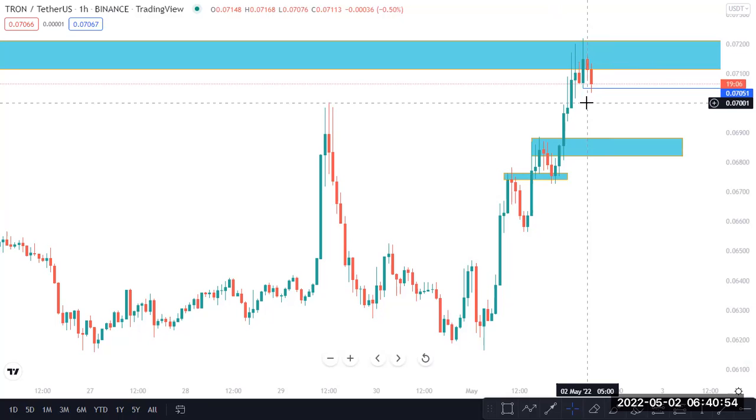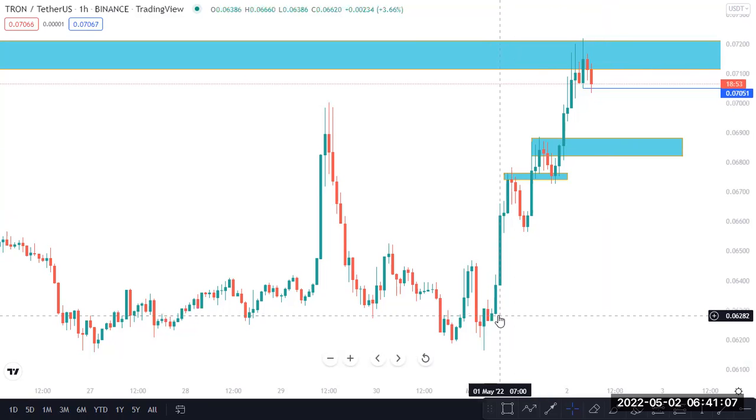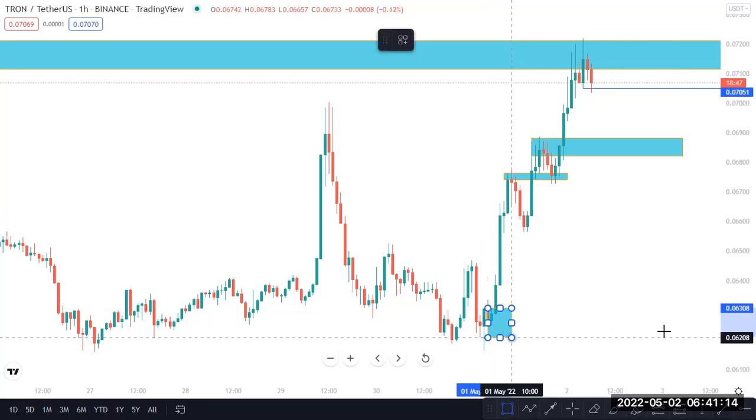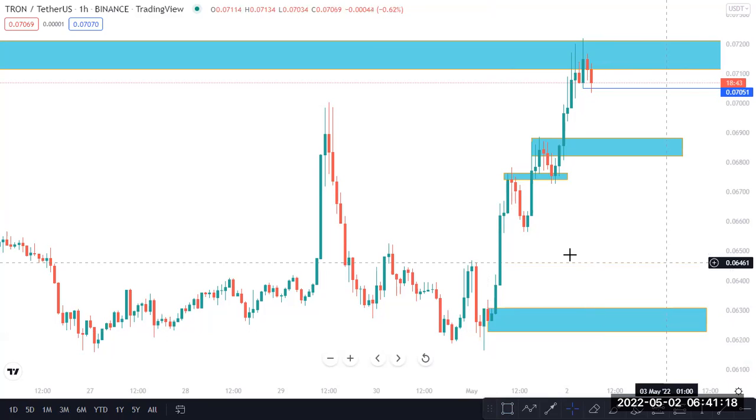So when it closes below this area, I take my short entry and I target this swing as my target profit. Possibilities are we might break this zone and just come back to this demand zone around this area, right? This is a demand zone, just in case this coin goes down. So this is where we are looking to buy. Okay, so this is what we are expecting.